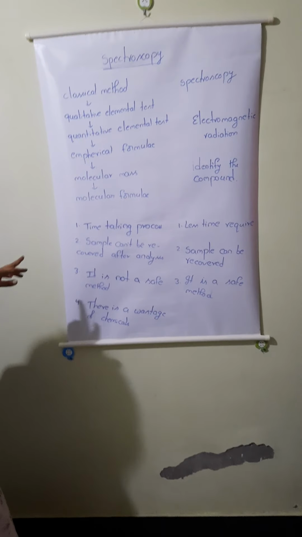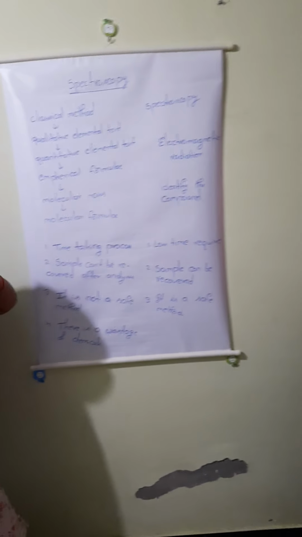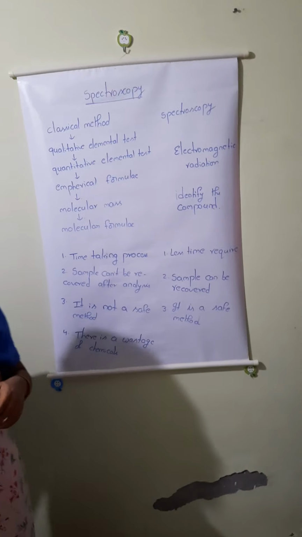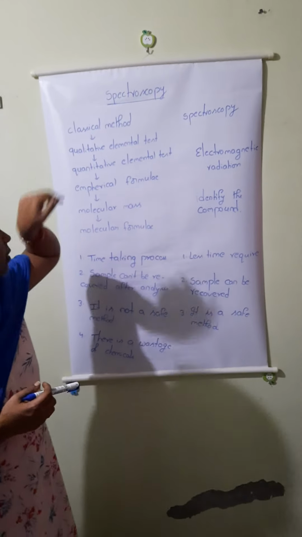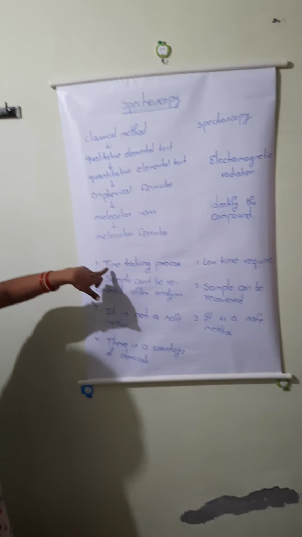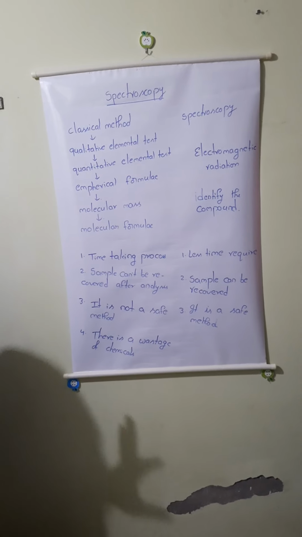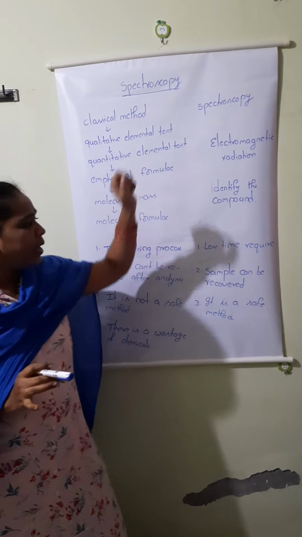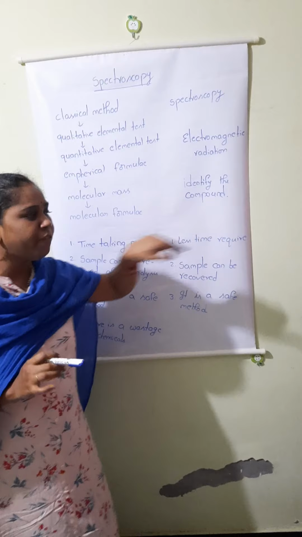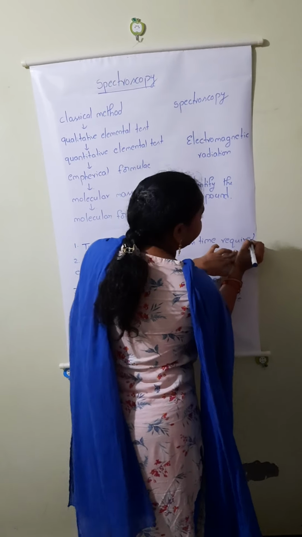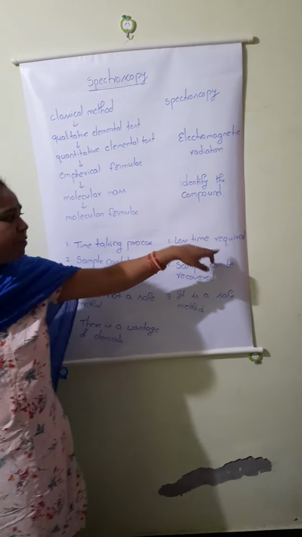In the classical method, it is a time-taking process. A lot of chemical reactions may be done by this method, so it is a time-taking process. More time will be required. In spectroscopy, less time will be required.